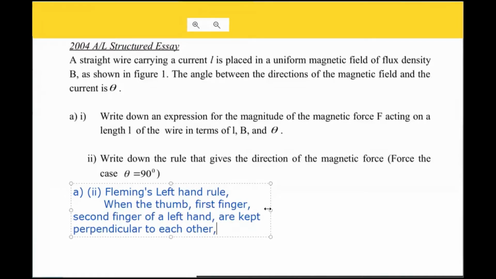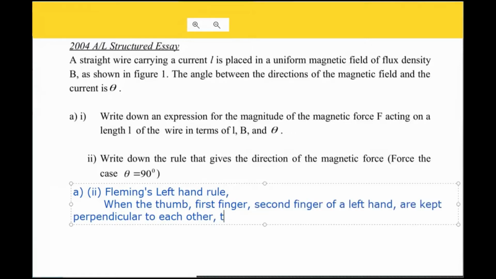then the thumb shows the direction of the force.